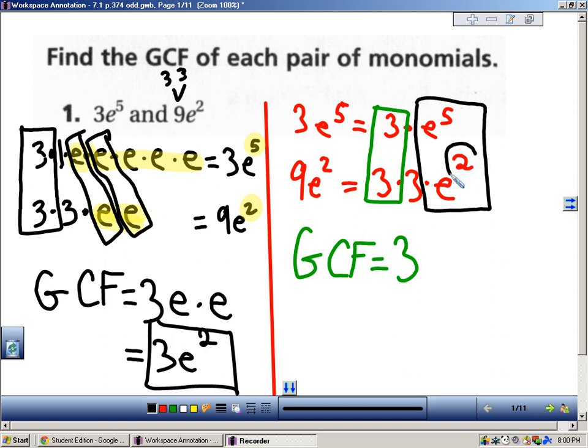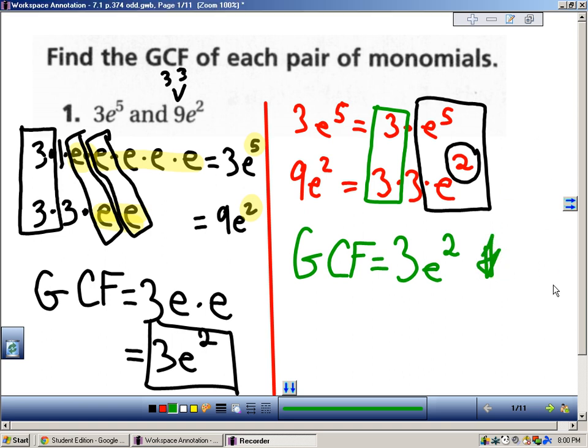This one. The exponent is 2. And so that's the power that you choose for your GCF. And that's your answer. So compare common factors, bring down the pair, look at your powers, and then choose the lowest power. Write that down as your GCF. 3e squared. So hopefully that made sense.